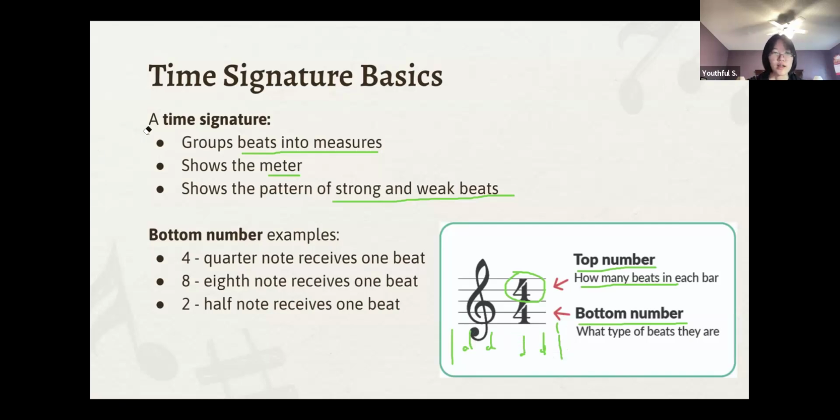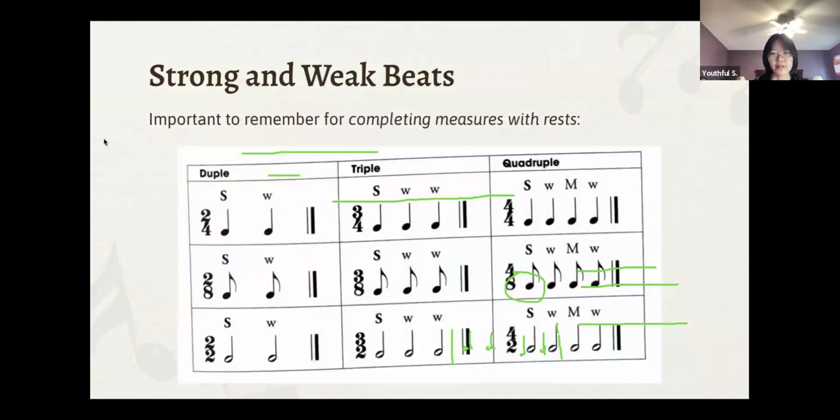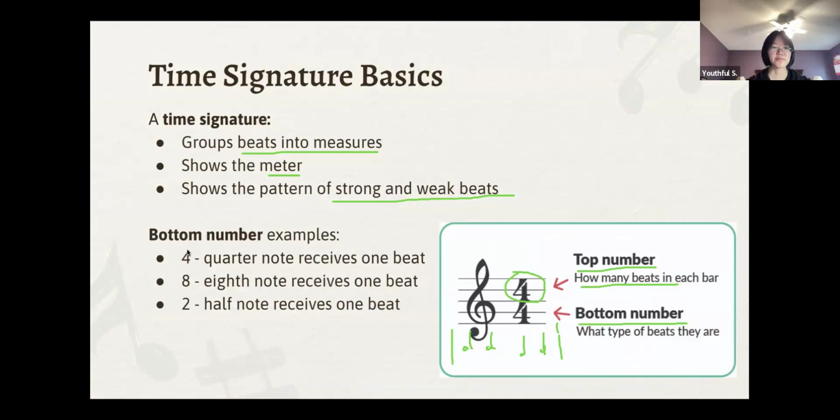Okay, and then here I have some bottom number examples. If you have 4 as your bottom number, then that would mean a quarter note receives 1 beat. And this is the most typical time signature that you would see, like 4/4, 3/4. They all have 4 as the bottom number.